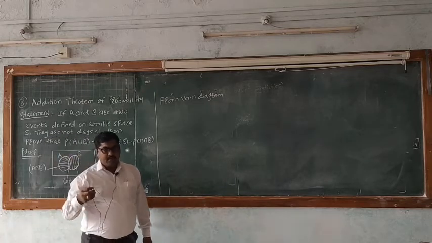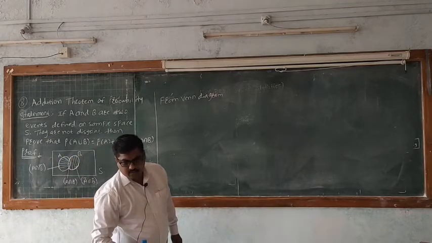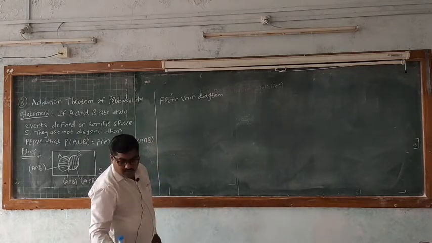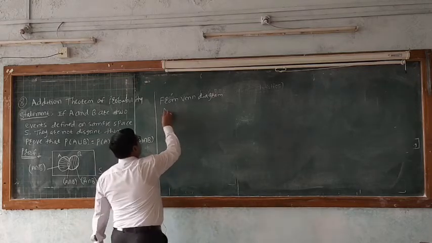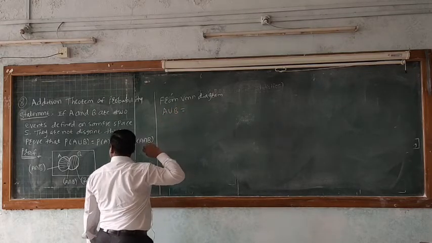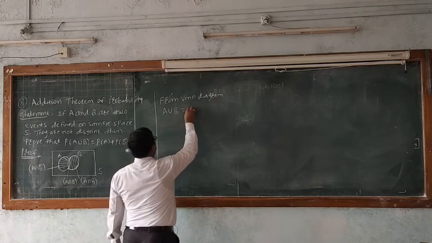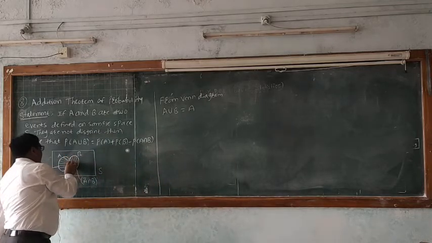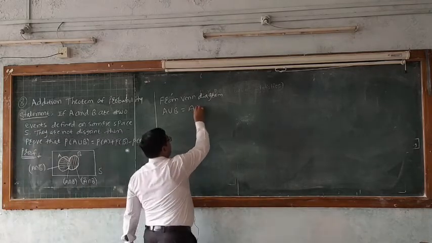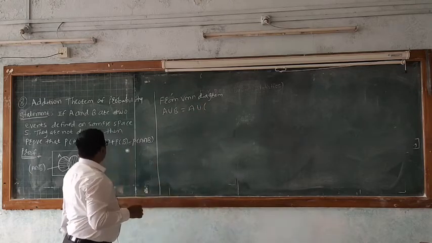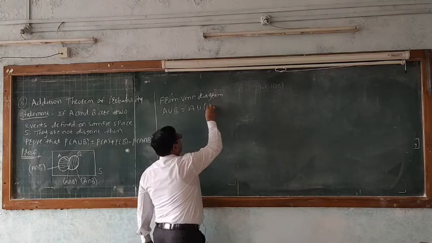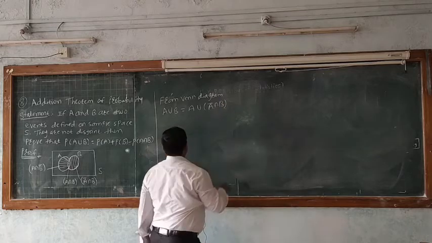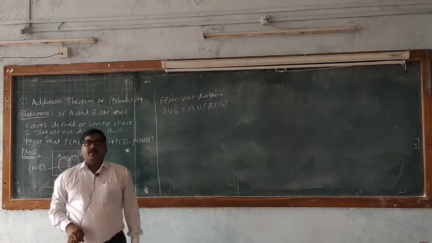A union B equal to A union A bar intersection B, right? Give equation number 1.